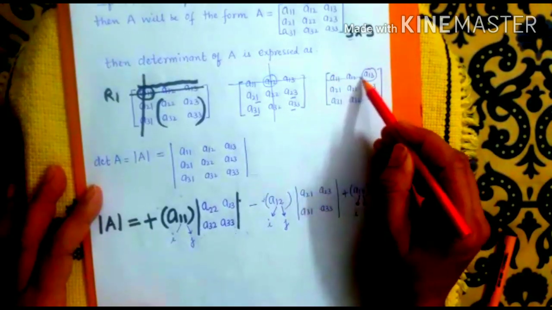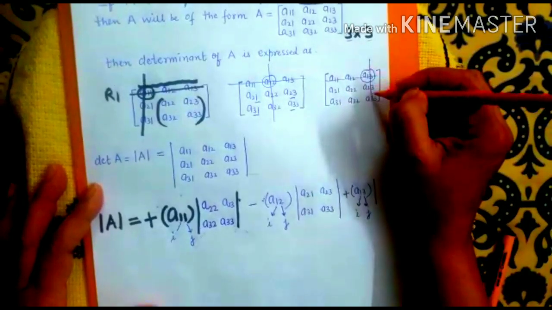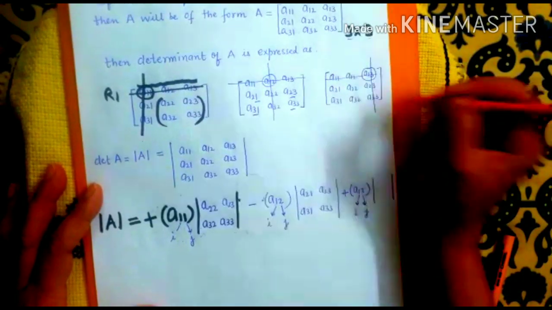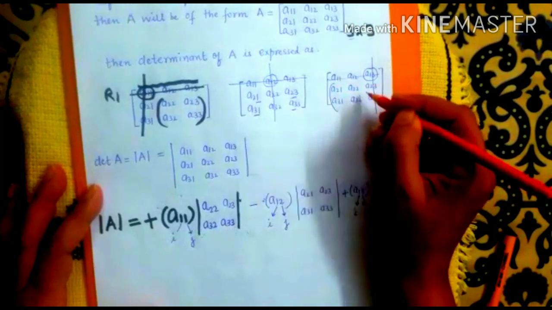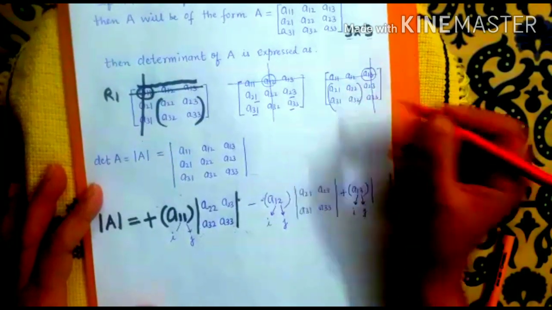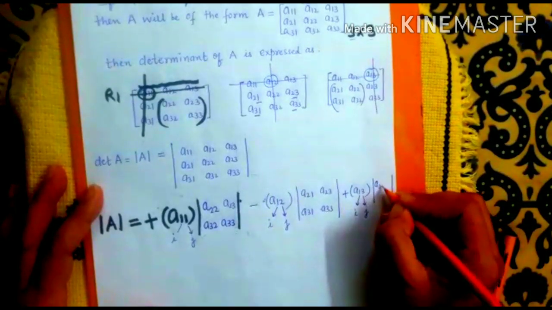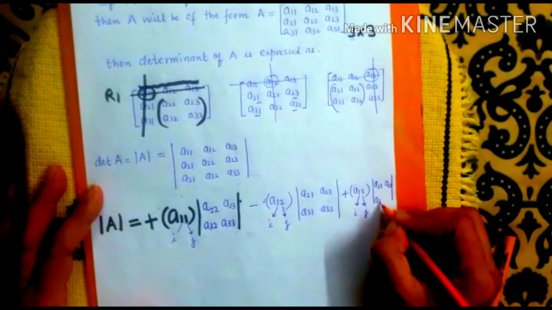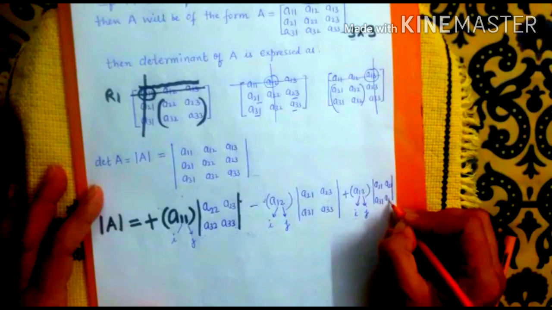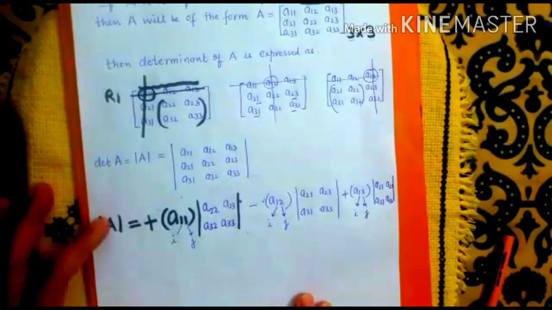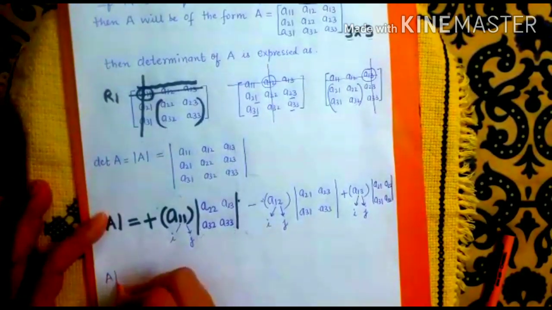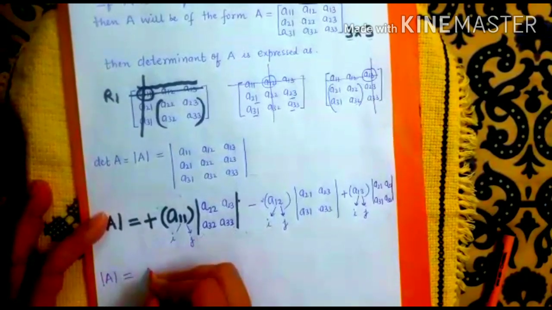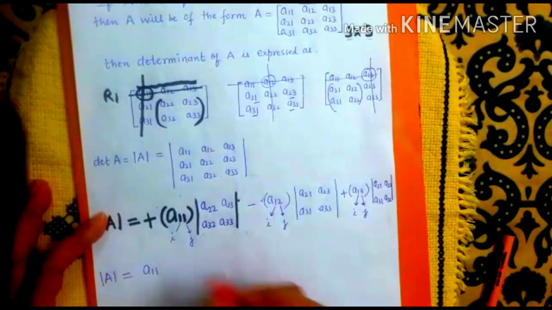So I delete the first row and I delete the third column. So I am left with this submatrix. Its determinant will be A21, A22, A31 and A32.